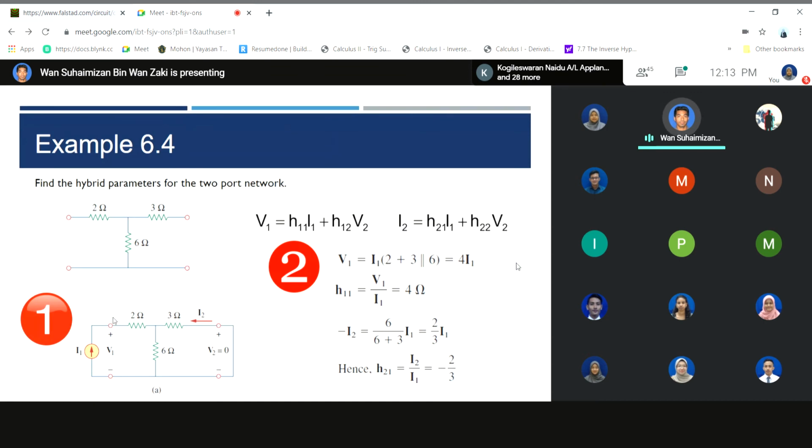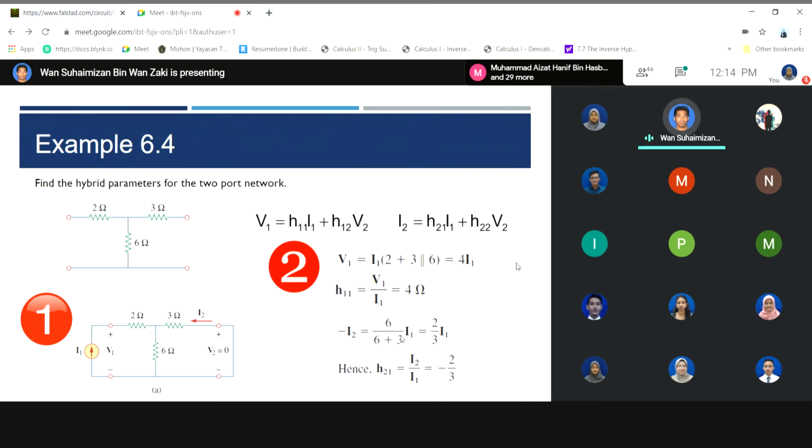So I1 goes inside the circuit. Using the current divider rule, I2 equals 6 over 6 plus 3 times I1, because I1 is the current that goes through this branch, right? The current would normally go in this direction, but this direction goes inside the port, so that's why we have a negative here.